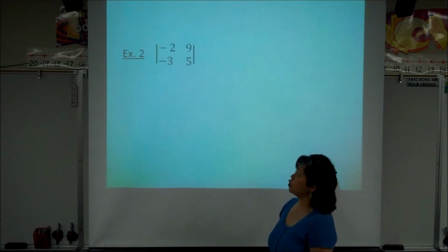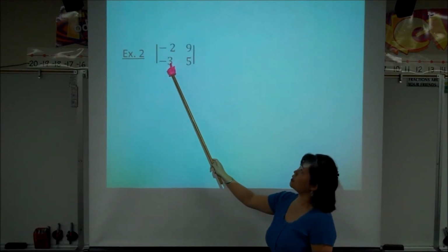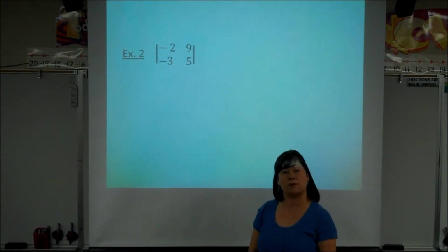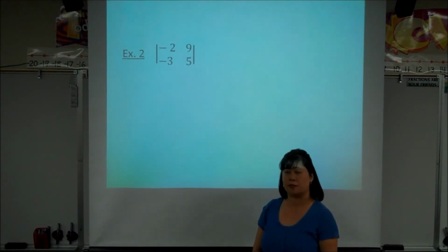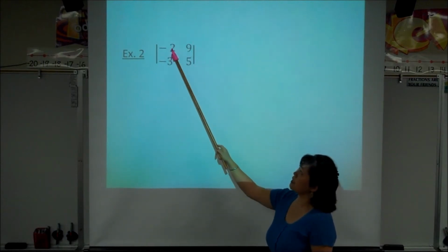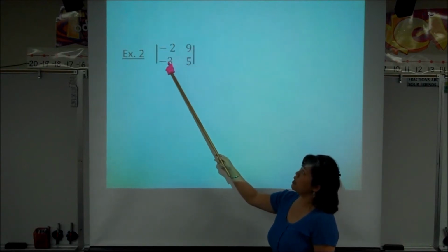Example 2. Same thing, we have negative 2 and 9, and then negative 3 and 5. I purposely put negative numbers in this case because we're going to have to deal with some negatives. So let's do the same thing. We take the negative 2 times the 5 diagonally, and subtract from it the other diagonal.